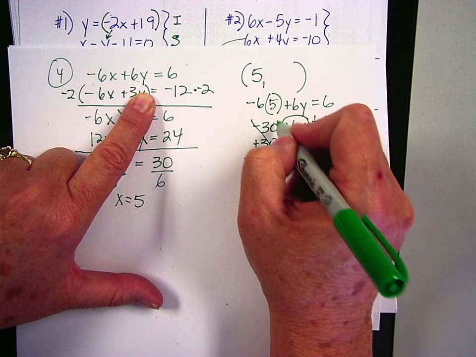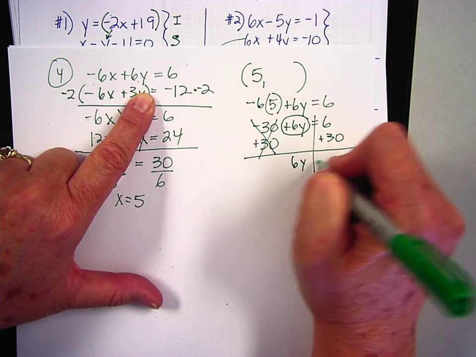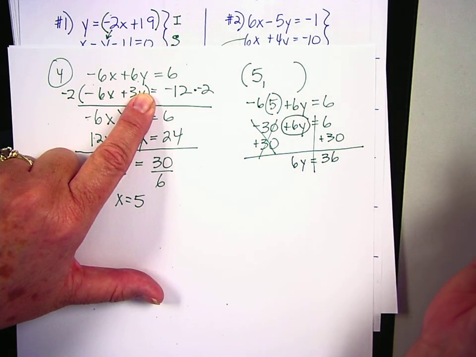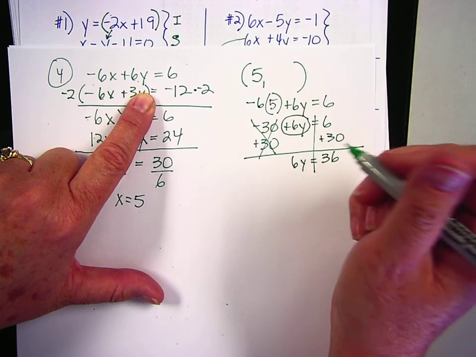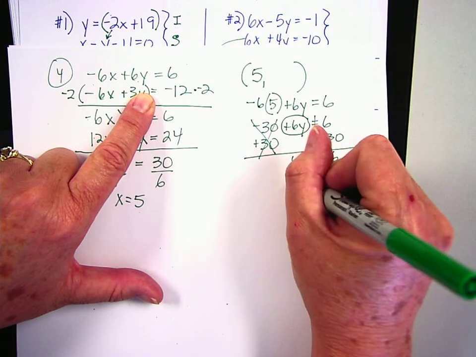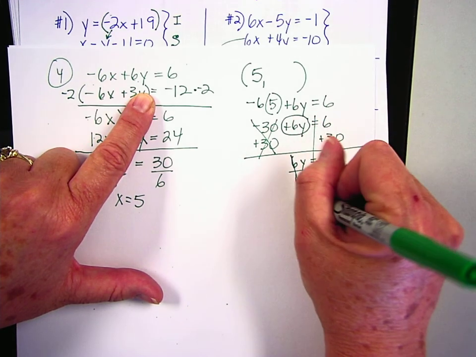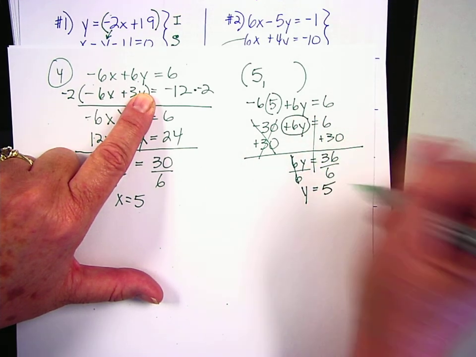These cancel out. I'm left with my 6y, and on the other side I have 36. I want to get y alone. So I'm going to do this, and y equals 5.